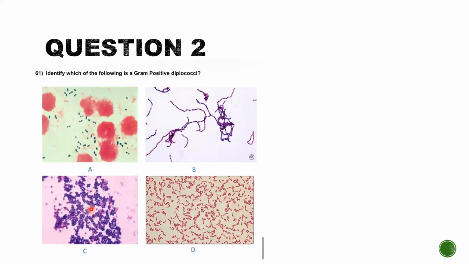This is staph, exactly. Good question. Okay, so just a reminder, gram-positive, we differentiate based on shape, cocci and bacilli. The cocci can be staph or strep. Staph is in clusters, strep is in chains.